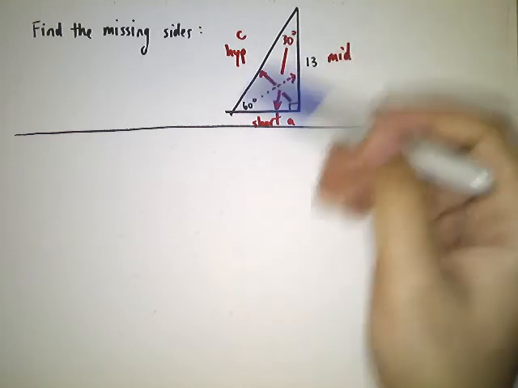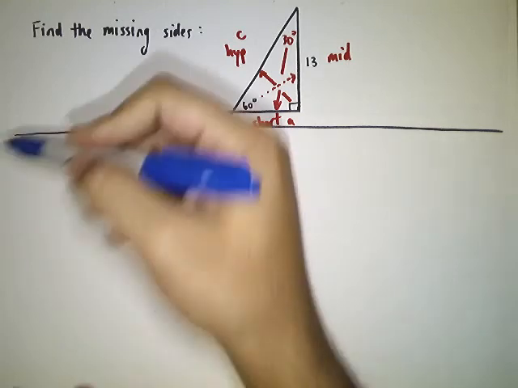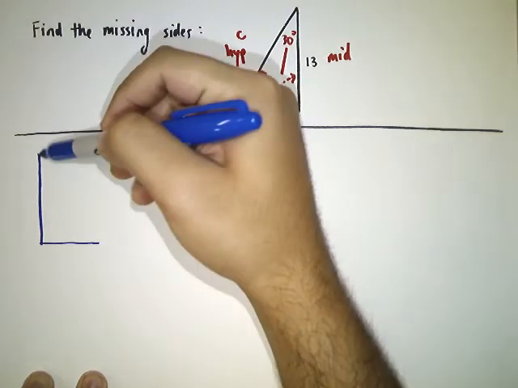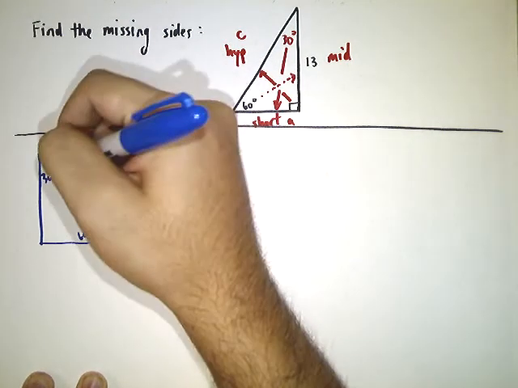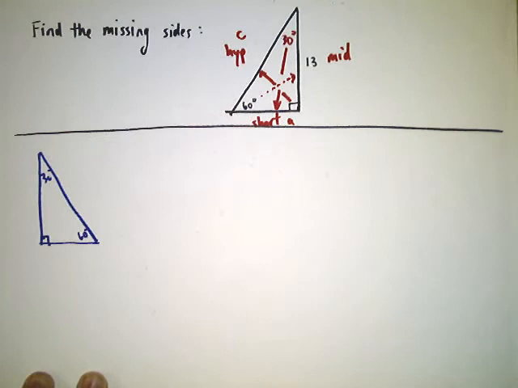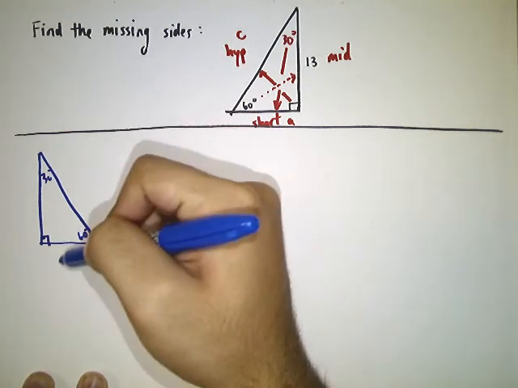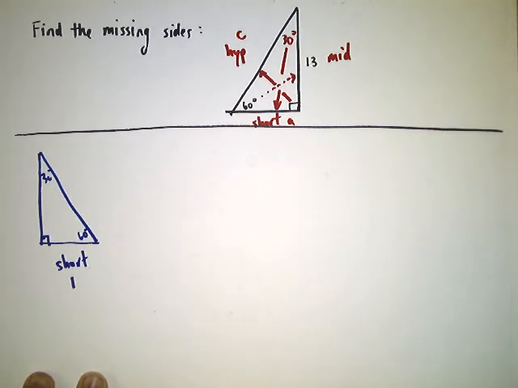We know this is a 30, 60, 90 right triangle. First thing we want to do is on our paper, draw the 30, 60, 90 right triangle. So let's take care of that. 30, 60 degrees, 90 degrees. Opposite the 30 degrees is the short side, which in a 30, 60, 90 is 1 unit long.